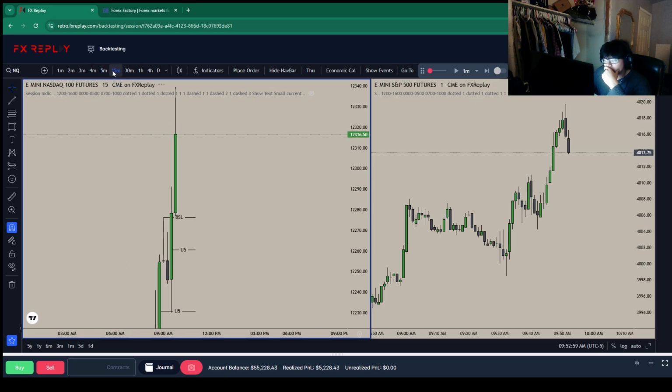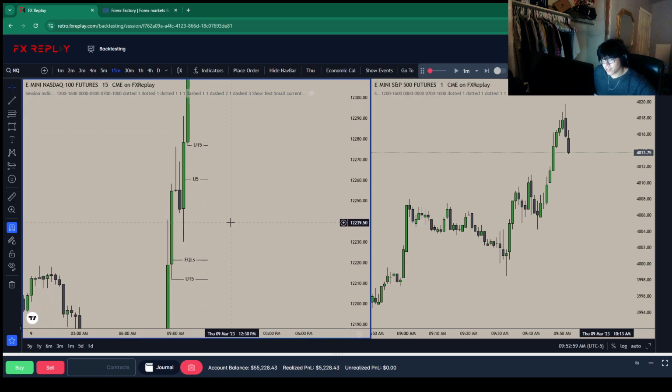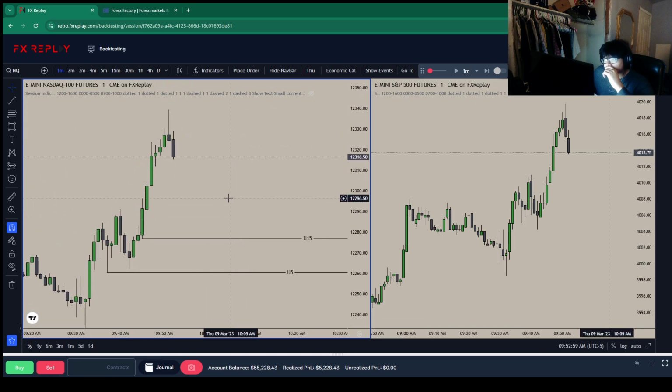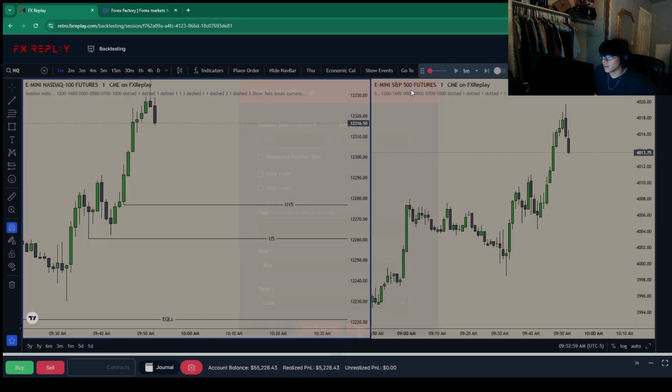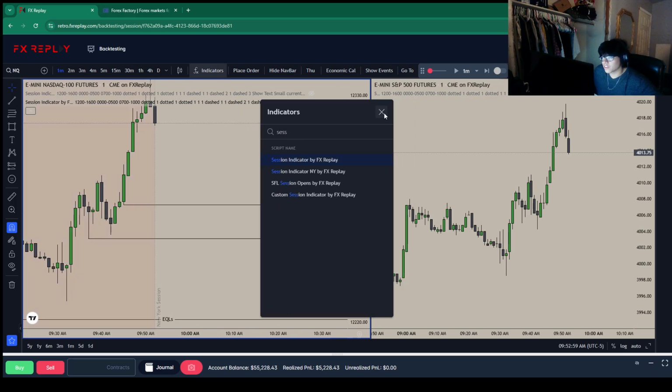Another, no, not unfilled 5 yet. Potentially an unfilled 15 here. 15 unfilled 5. This is already tagged, so I'll leave that down there. And let me quick check the session indicators. I didn't even check the session indicators.